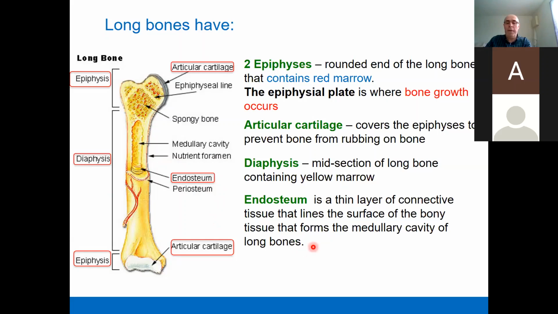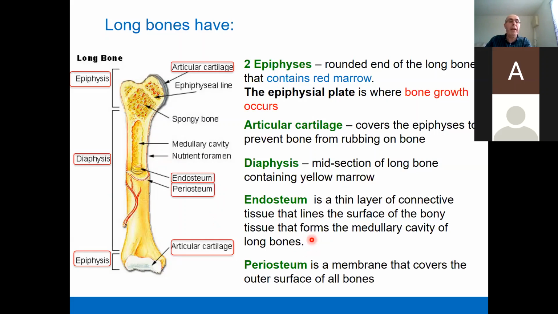Lastly, the periosteum is a membrane that covers the outer surface of our bones. These are the parts of our long bones. The epiphysis is really important here because it has two main functions.